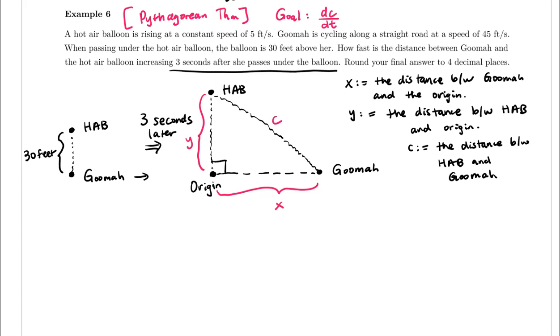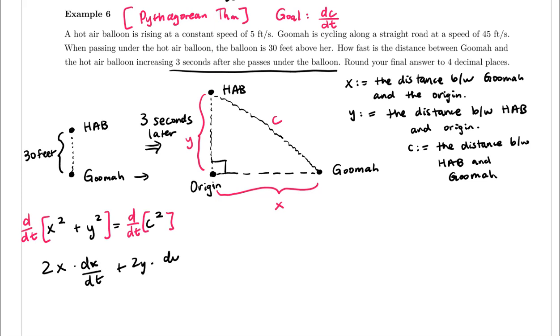Let's go ahead and set up our relationship equation. I know that x squared plus y squared is equal to c squared, and I want to take the derivative of both sides with respect to t. And we've done this several times now, so I'm going to just quickly breeze through it. 2x times dx/dt plus 2y times dy/dt is equal to 2c times dc/dt, and once again, I can divide my equation by 2 on both sides.